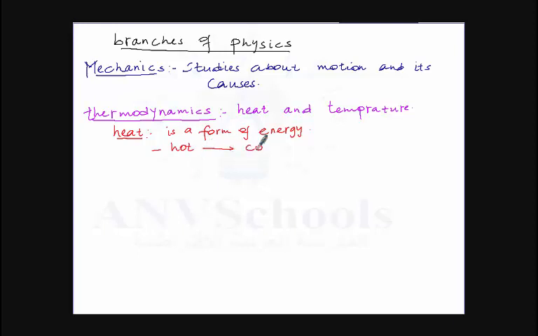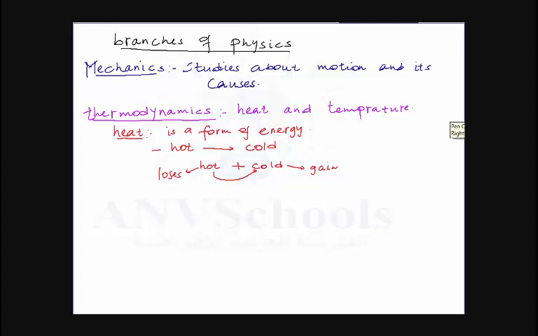The direction of heat flow is always from hot object to cold object. For example, when you put a hot object in contact with a cold object, the hot one loses heat, whereas the cold one gains heat until thermal equilibrium is established, until they have the same temperature.